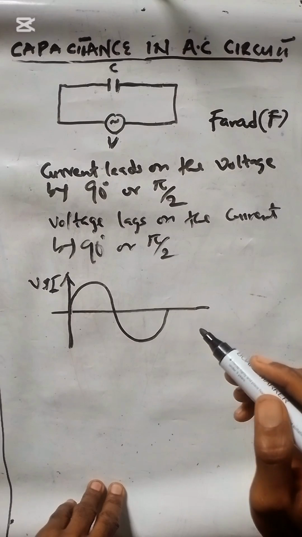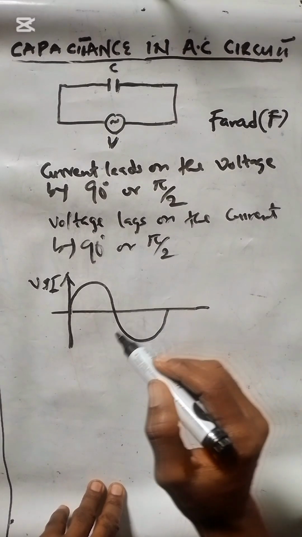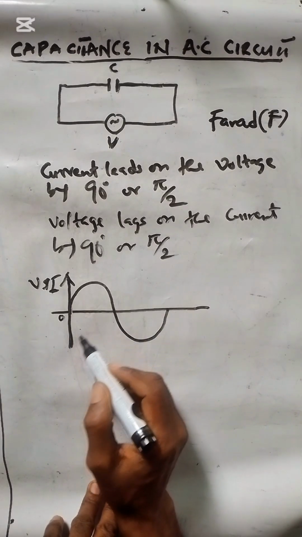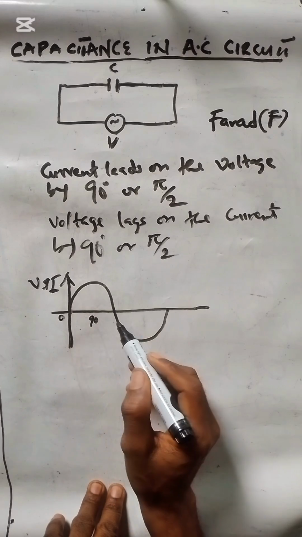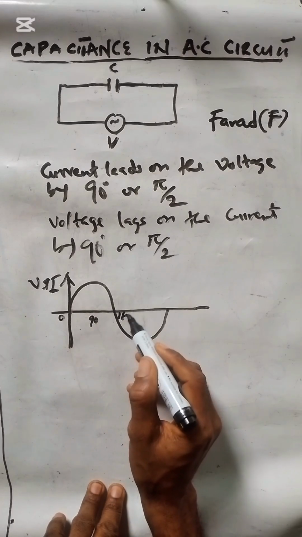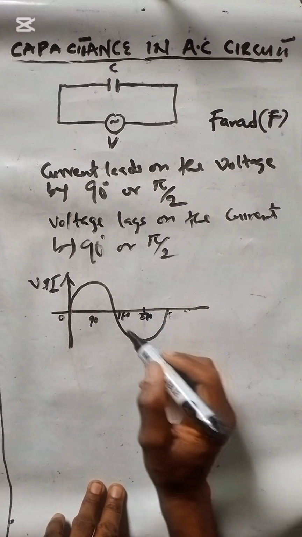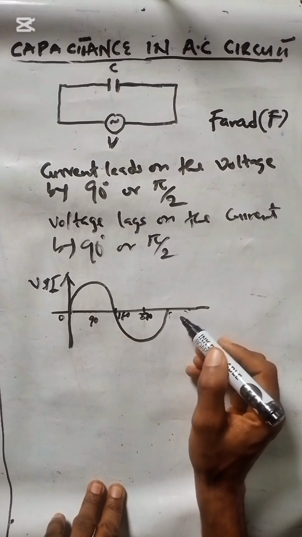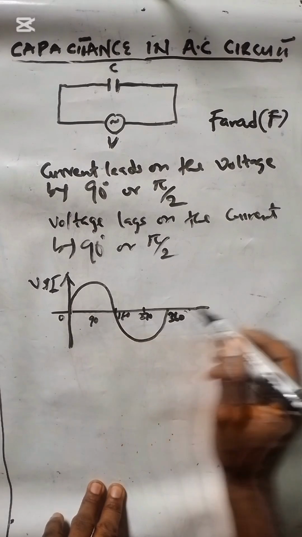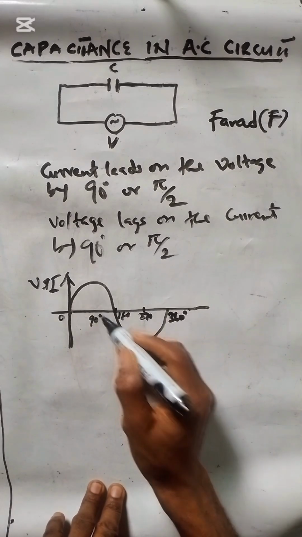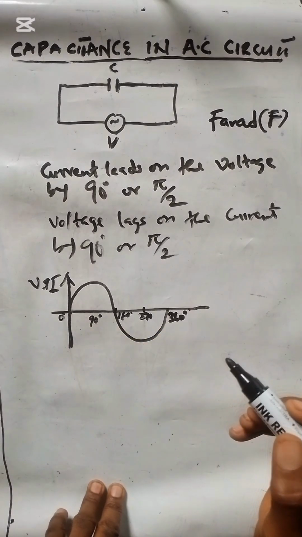We say the current here leads the voltage by 90 degrees. So here is our 0, here is our 90, here is our 180, 270, then here is our 360. A complete circle is 360 degrees.